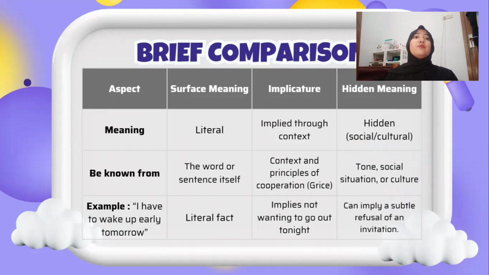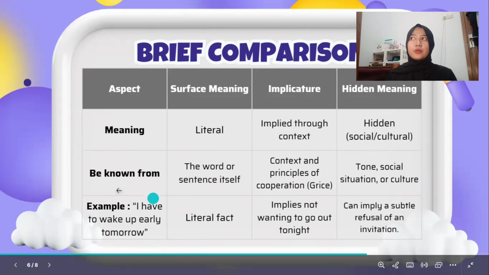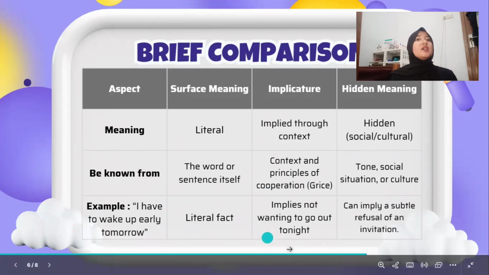So, implicature and hidden meaning need context, but surface meaning doesn't. And the example in the same sentence is when someone says, "I have to wake up early tomorrow." In surface meaning, it is a literal fact, but in implicature, it implies that someone does not want to go out tonight.